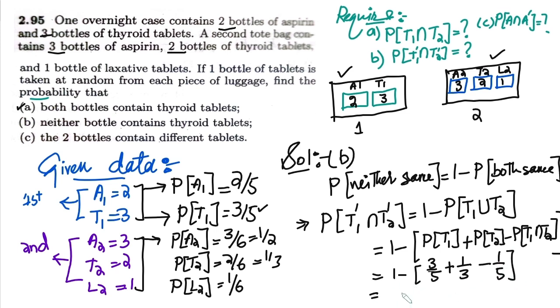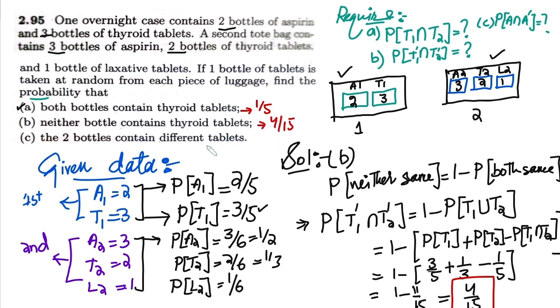Okay, so when it is calculated and subtracted from 1, 11 by 15 gives me 4 by 15, and that is the solution of part B. Okay, so that is what we had to find out, and the solution of part A was 1 by 5, whereas the solution of part B is 4 by 15.